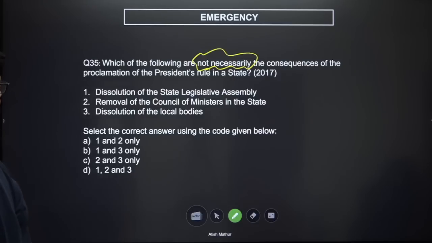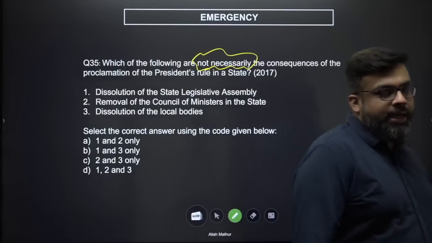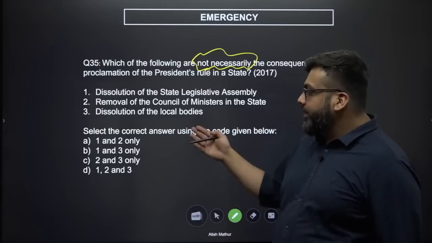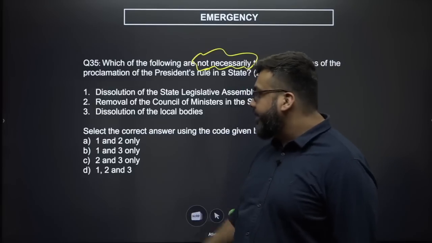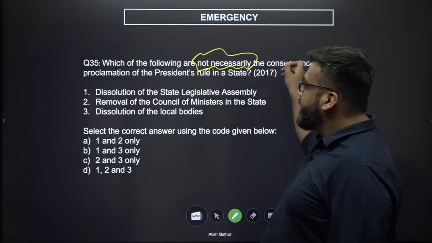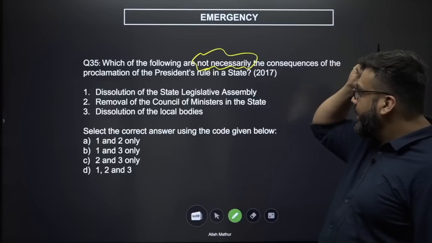Dissolution of the state legislative assembly, removal of the council of ministers in the state, dissolution of local bodies. Look at the options: 1 and 2, 1 and 3, 2 and 3, 1, 2 and 3. Let us see if there is something that is in all the three. We see 1 in 3 options, we see 3 in 3 options. Dissolution of the state legislative assembly is not necessarily the case.